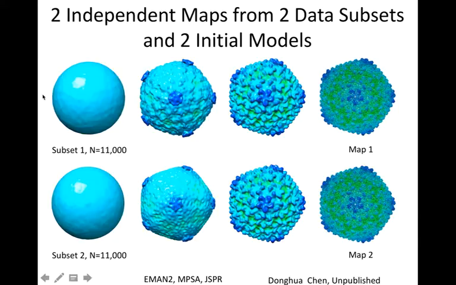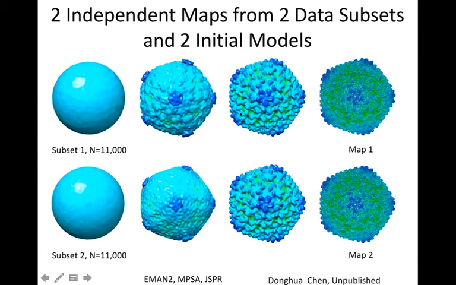For each of these 11,000 particles, we gradually improve the reconstruction resolution from initially just a sphere, gradually to seeing structural features, and finally when it gets to high resolution we see much structural detail.